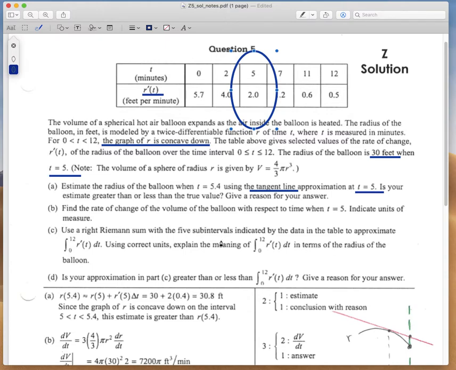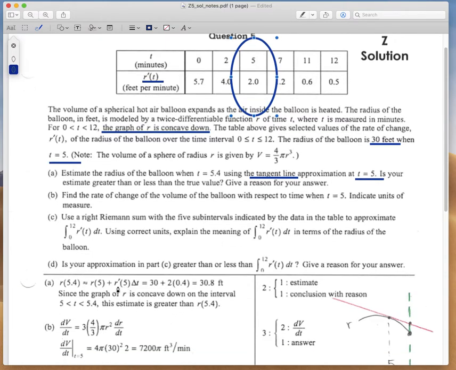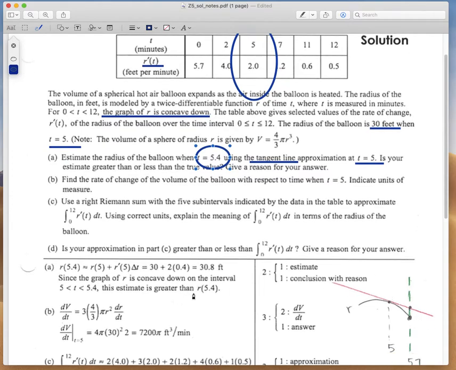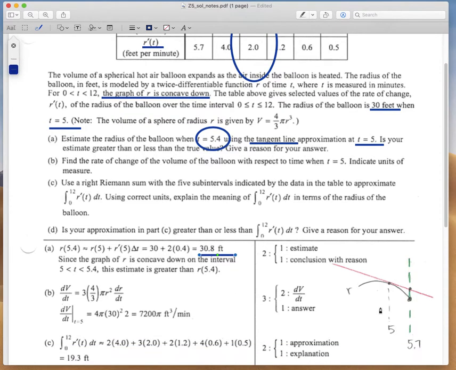So that gives me the equation of the tangent line. They wrote it in kind of a strange form here. But if I plug in 5.4 for the time, I will get 30.8 feet. This is a kind of a picture of the situation.